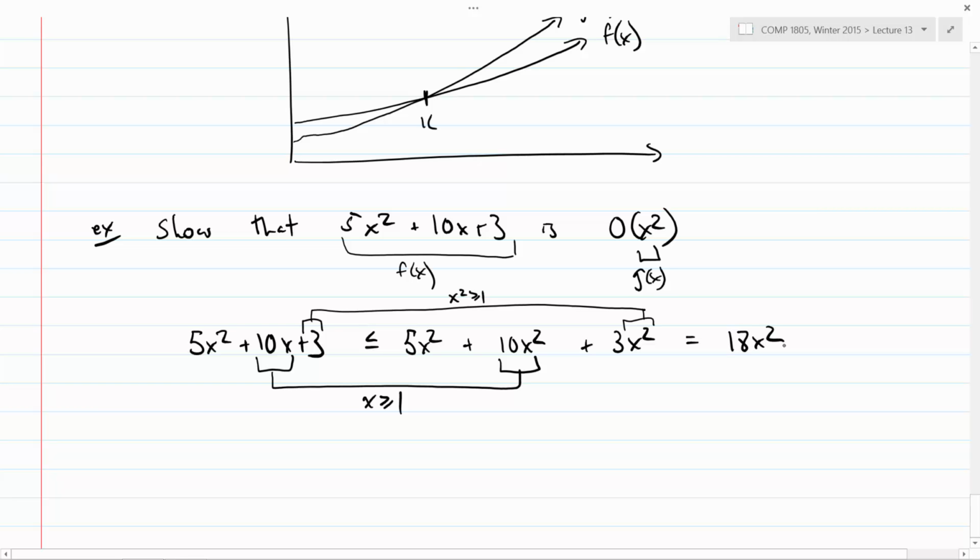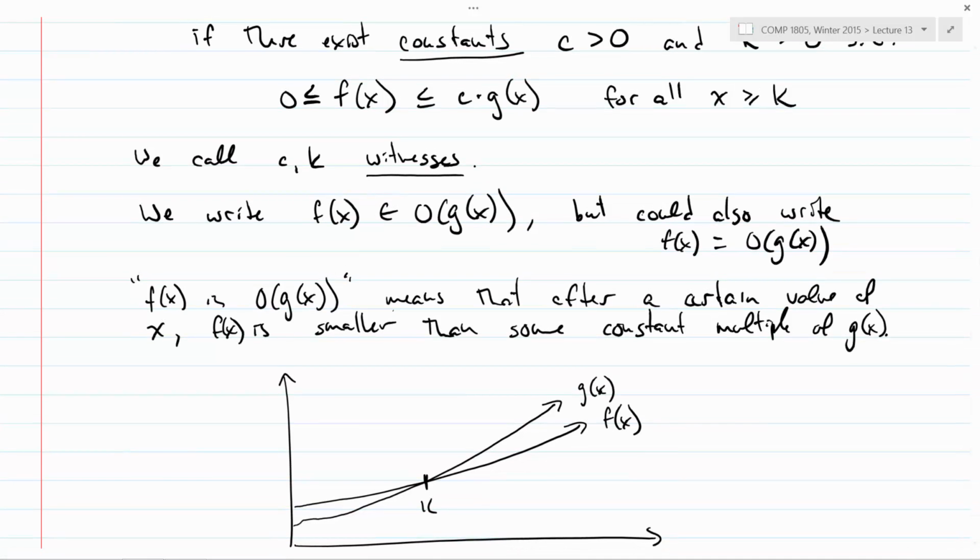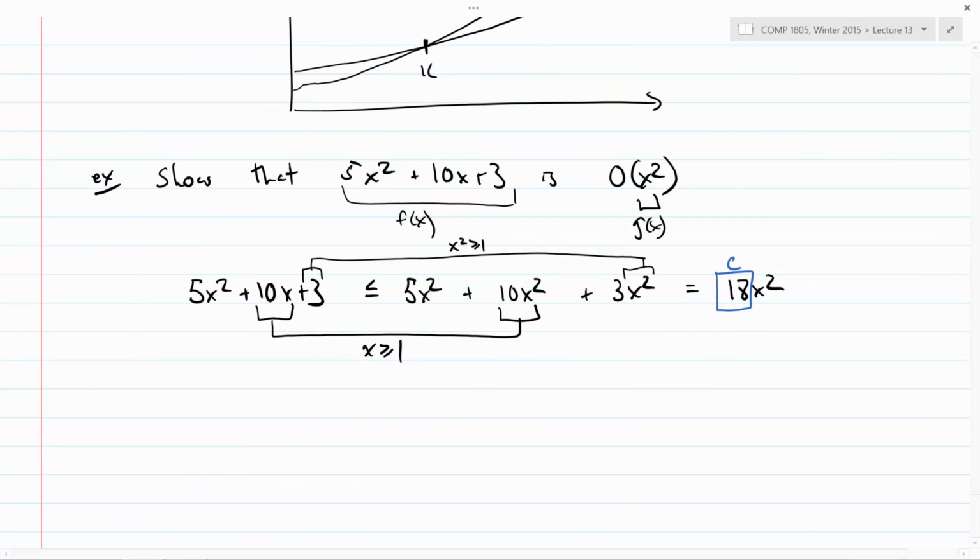So this 18 is going to be my c. Because if I look up at the definition of big O, I wanted to prove that f of x is less than or equal to c times g of x. Well, g of x is x squared, which is right there. And f of x is this. So this shows that f of x is less than or equal to c times g of x, and the value of c is 18.